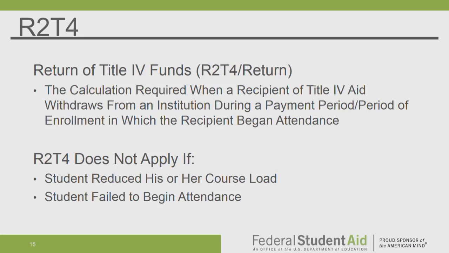If you disburse Title IV funds directly to the student or to the parent borrowers, you must contact the loan servicer. Let the loan servicer know that your student did not commence attendance. Let them know how much you've disbursed. That way they can start the collection process.